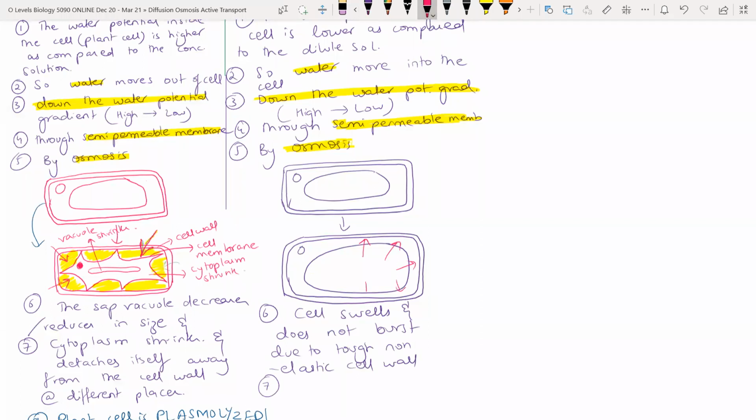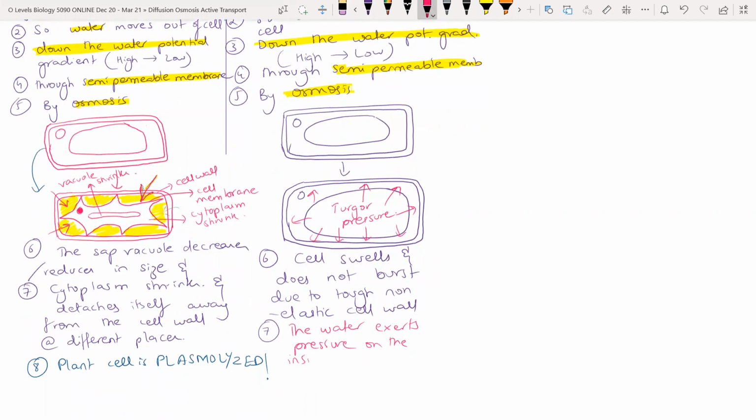pressure on the inner side of the cell wall. This pressure is known as the turgor pressure, which is generated by the water itself on the inner side of the cell. So we say that the water exerts pressure on the inside of the cell wall.